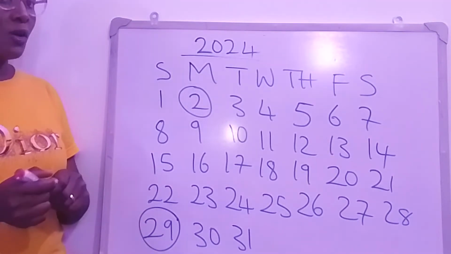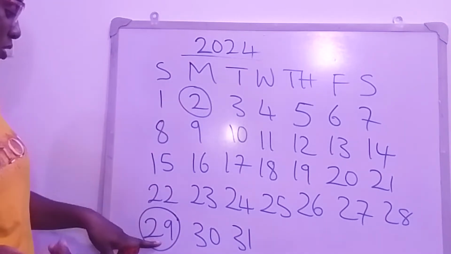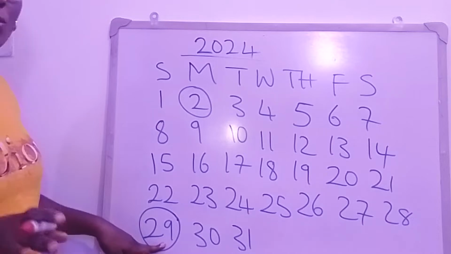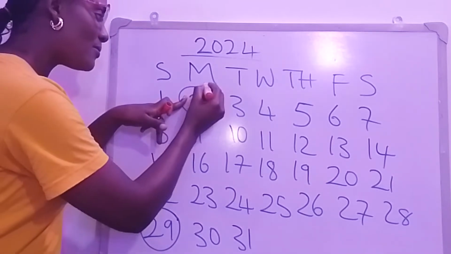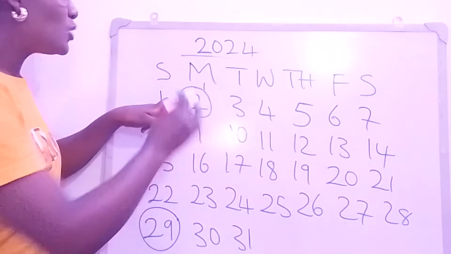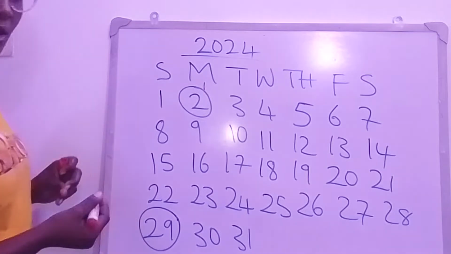So let's say you saw your menses on the 2nd and you saw the next one on the 29th. All you need to do is to start counting how many days you have. This is going to be day 1, the next day, day 2. You keep counting like that until the very last day. So let's count together.